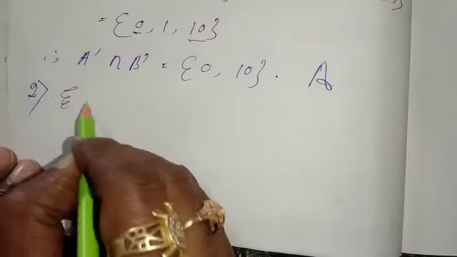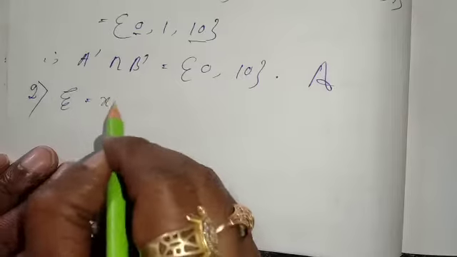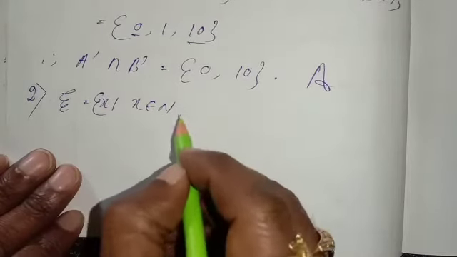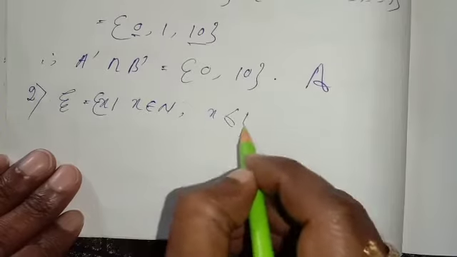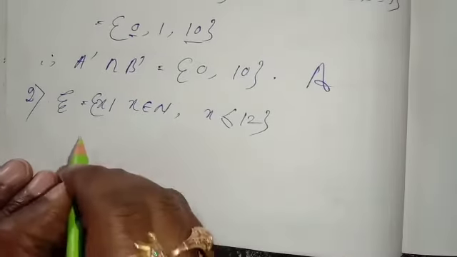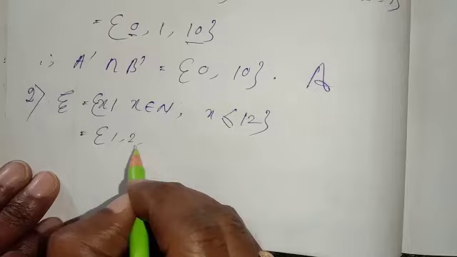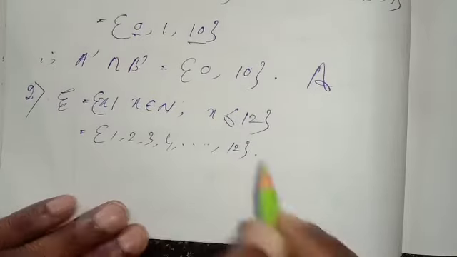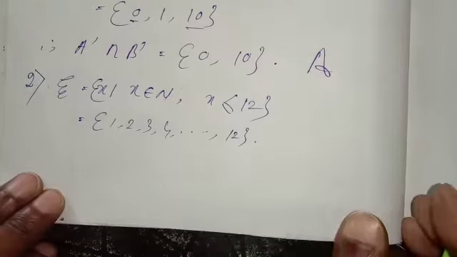Universal set given here x such that x belongs to natural number and x less than equal to 12. Means this will be 1, 2, 3, 4 up to 12. This is universal set.